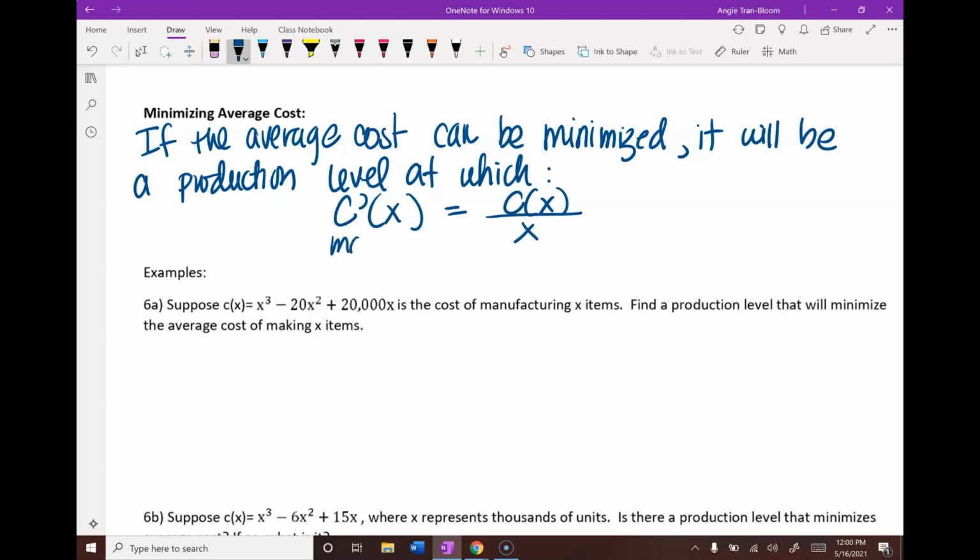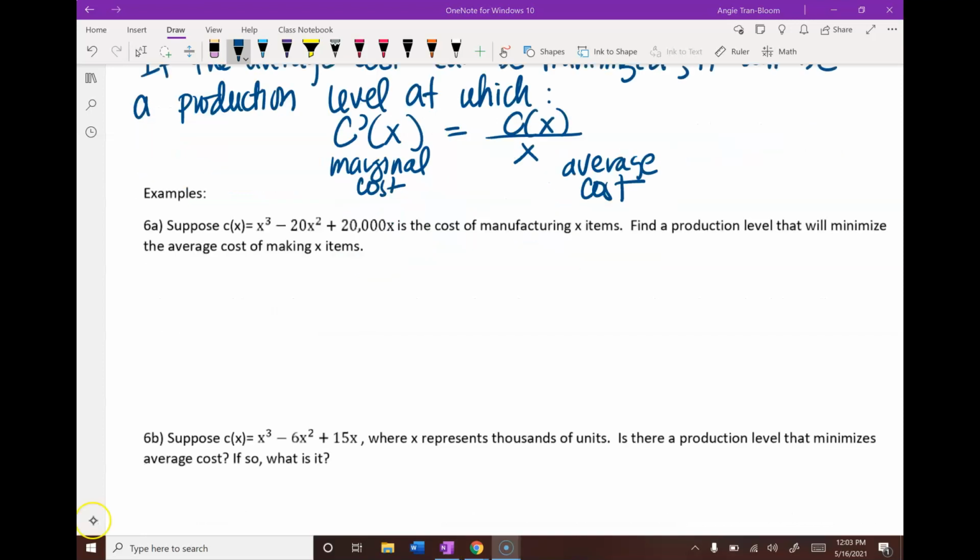Okay, so this is marginal cost, and this is average cost.